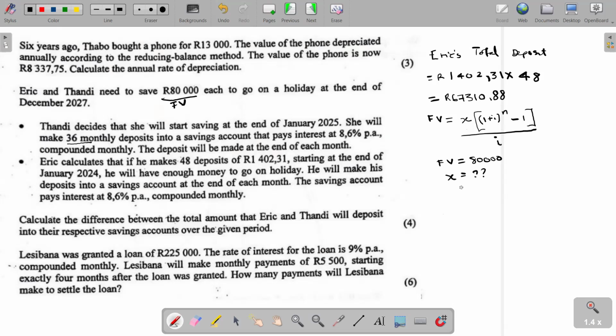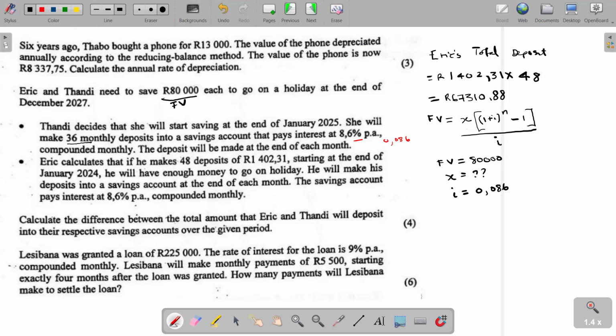What is our I there? Our I, you are told that it's 8.6, but that rate, convert it to a decimal. So when you divide it by 100, this rate converts to 0.086.